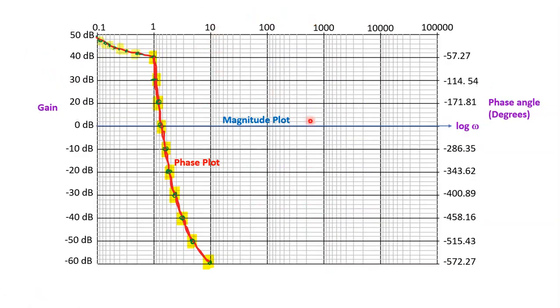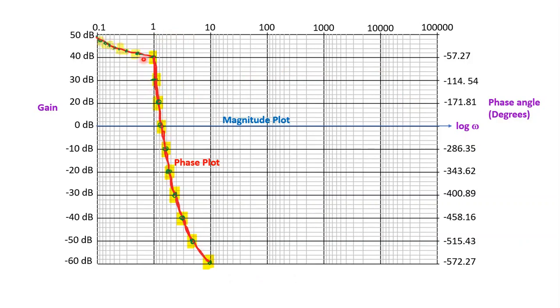At 10 it is minus 10 times 57.27, that is minus 572.7. In between, for whatever frequencies are there, 2, 3, 4, 5, 6, 7, 8, 9, I have multiplied with 57.27, put a minus sign, calculated the angle, and marked those points with green dots, highlighted with yellow just to show that I have marked these points.